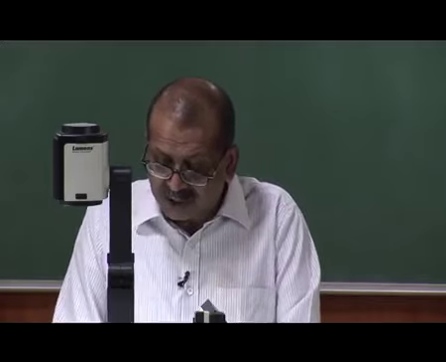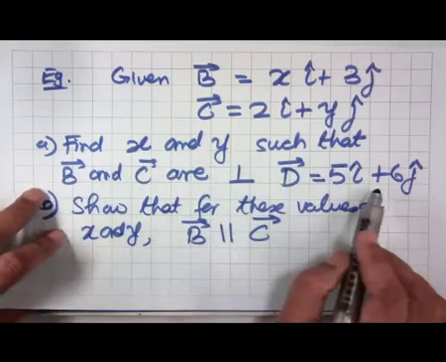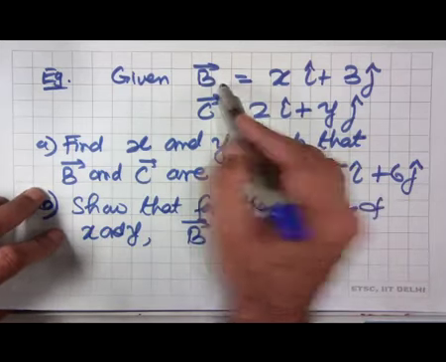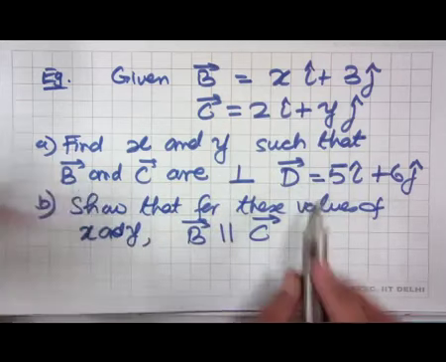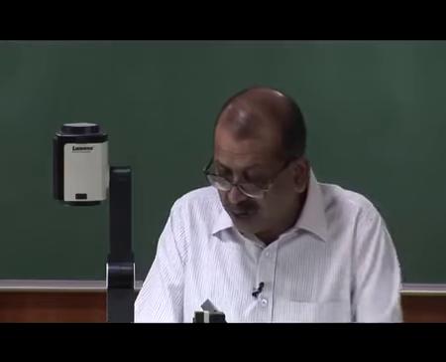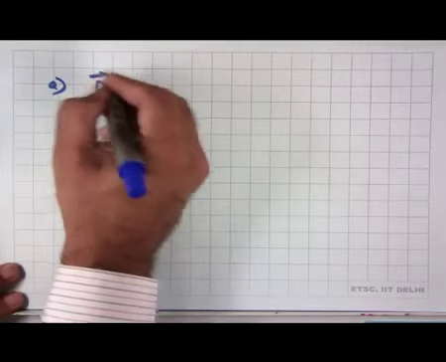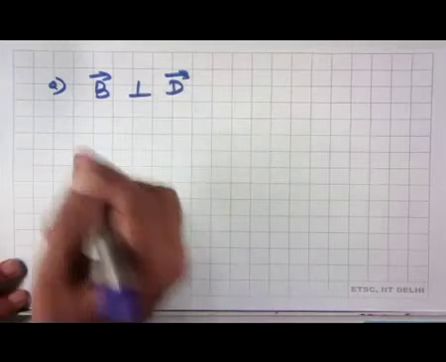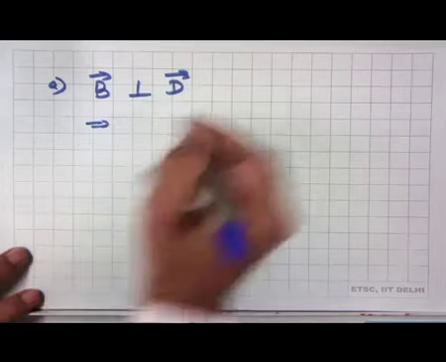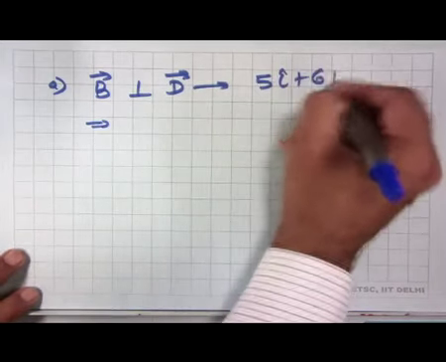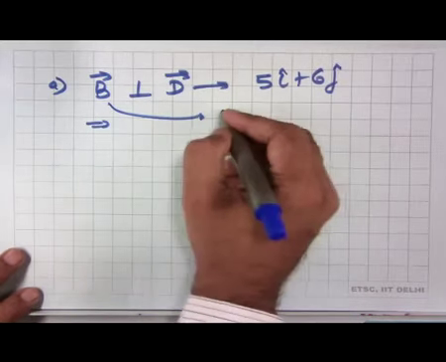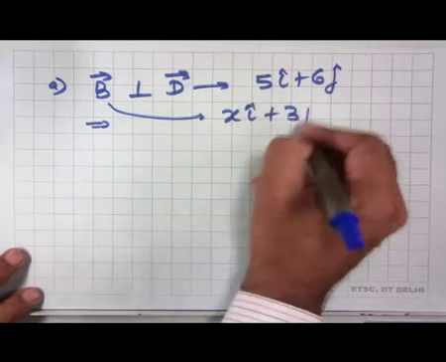So, for the first part, we are given a vector D and a vector B where there is one unknown. We have to find x and y such that B is perpendicular to D. So, for part A, vector B is perpendicular to D. Now D is 5i plus 6j and vector B is xi plus 3j.